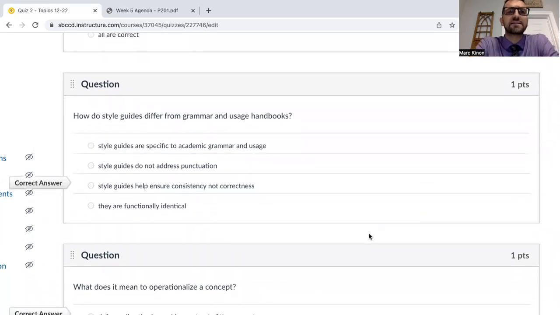How do style guides differ from grammar and usage handbooks? Style guides help ensure consistency, not correctness. So the APA style guide is going to tell you the appropriate format in which to structure your paper and other things like how to do citations, etc. There's a lot in the publication manual, and that's called a style guide.